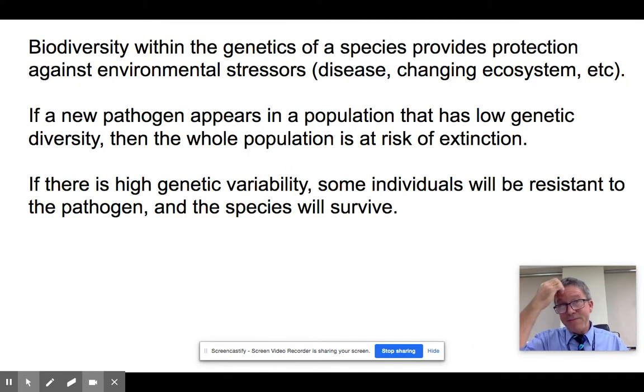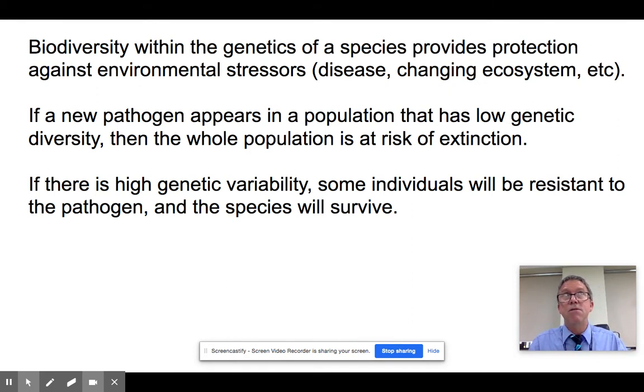Now, here's why genetic biodiversity is important. So if you have a lot of biodiversity in the genetics of a species, it offers protection. We're going to see at all levels biodiversity offers protection from catastrophe. So if all the organisms in a community, say cheetahs, have very low genetic biodiversity, if a disease comes along and it affects one of them, it's going to affect most of them.